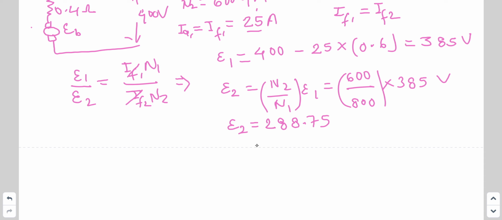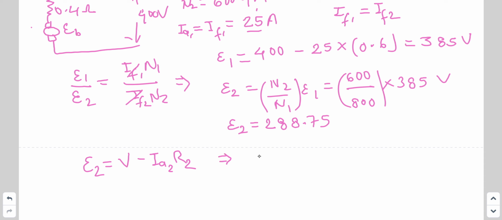Now we have to find the resistance to be connected when the speed is 600 rpm. So friends, now we will apply the KVL rule. We know E2 and V. So E2 is equal to V minus IA2 into R2, and we know all the values.